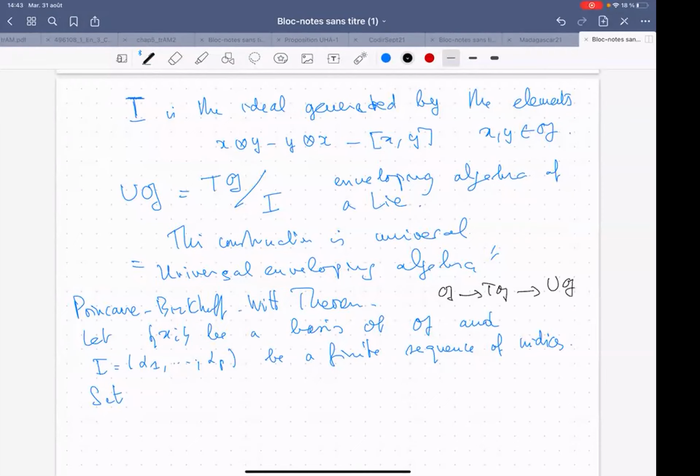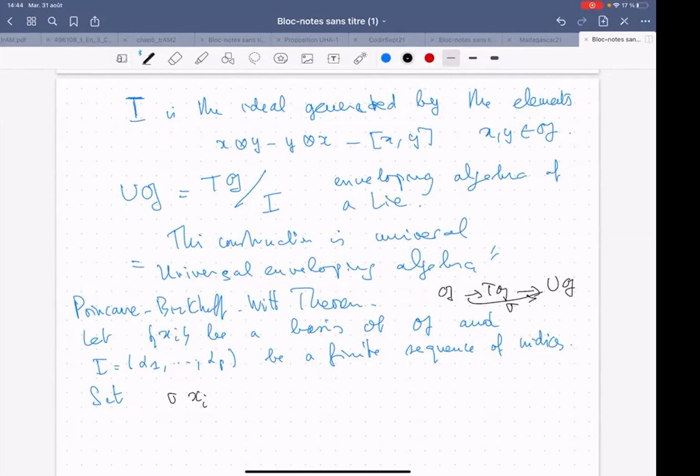The elements of J are embedded in TJ by a map I call sigma, and the map sigma goes from J to UJ, like any element here is embedded in UJ.